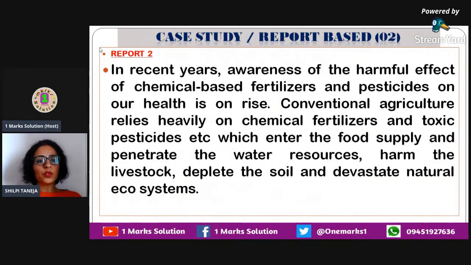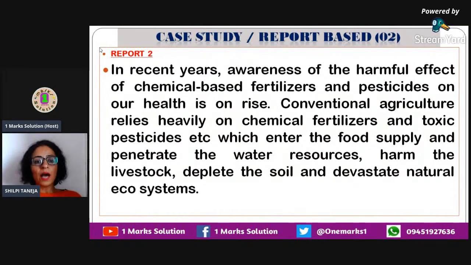Now let's see report 2. In recent years, awareness of the harmful effect of chemical-based fertilizers and pesticides on our health is on the rise. Conventional agriculture relies heavily on chemical fertilizers and toxic pesticides, etc., which enter the food supply and penetrate the water resources, harm the livestock, deplete the soil, and devastate natural ecosystems.